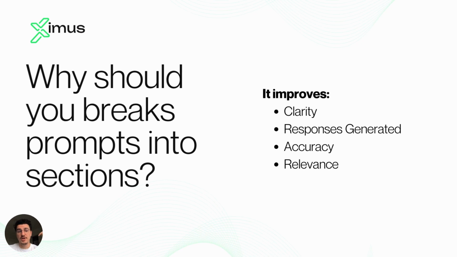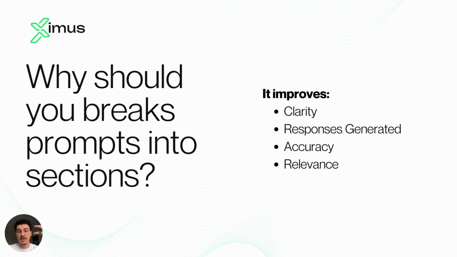Now, why should you break your prompts into sections? There are a few reasons for that, which is it improves clarity, it improves the quality of the responses generated, it improves the accuracy of the responses generated, and it also improves the relevance of the prompts generated.